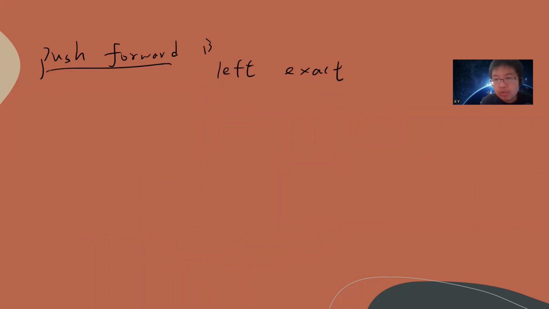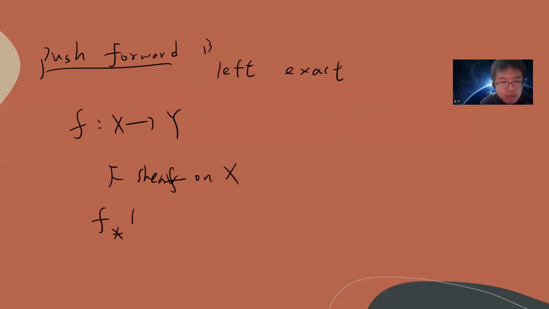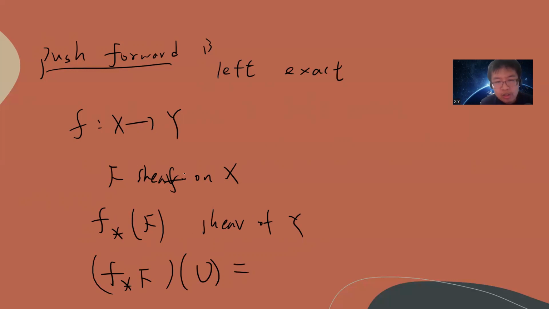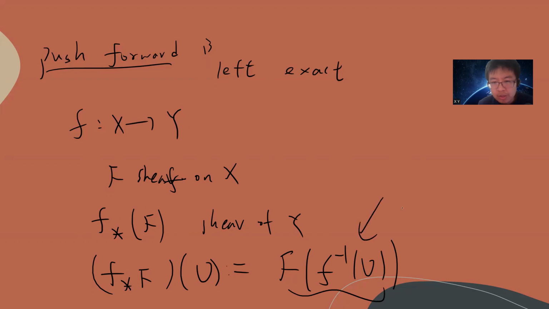Let me quickly recall what push forward means. If you have a map f from X to Y, where these are ringed spaces, and a map of topological spaces, and let's say F is a sheaf on X, then we can push forward this F, and f push forward F will be a sheaf on Y. The natural definition is that I take an open set U of Y and take the inverse, because the continuous inverse of an open set is open, so it's F of f inverse U. This is the same as a global section.